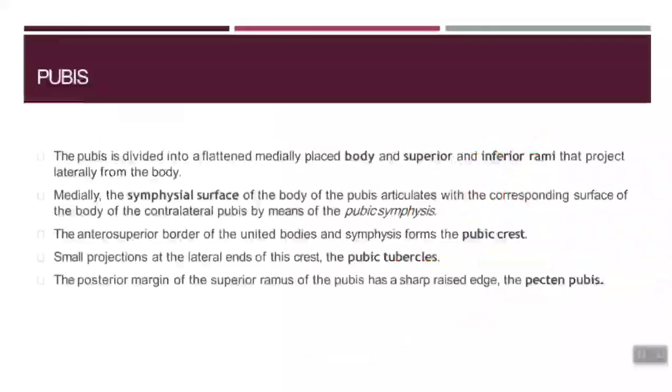Okay, another important part is the pubis. The pubis is divided into a flat, medially placed body, and superior and inferior rami that project laterally from the body. Okay, the pubis has a body and two rami, superior and inferior.